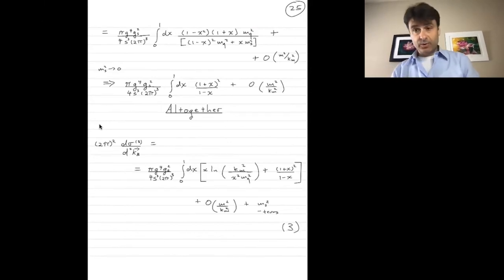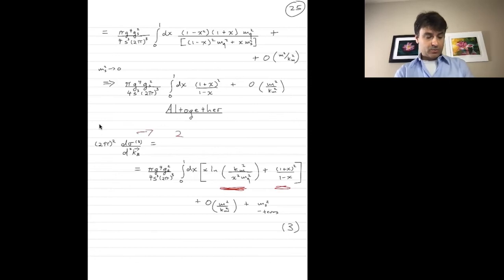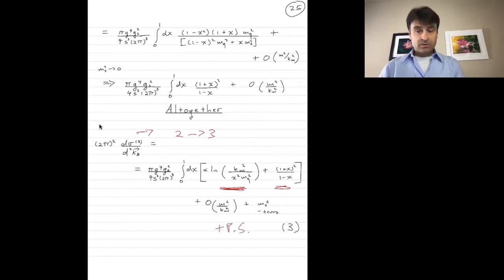Okay, so altogether, putting everything together now, the total cross-section is term 1 and term 2. This is the cross-section for the 2 to 3 type of interaction. And it has this form, plus, I should also say, other power suppressed terms. So I dropped power suppressed terms that vanish like a power of 1 over square root of s.